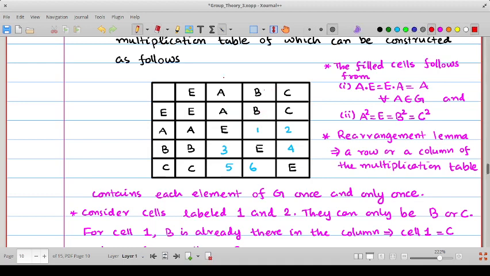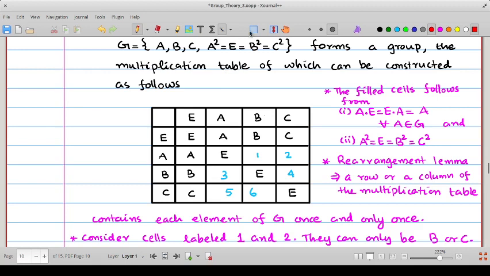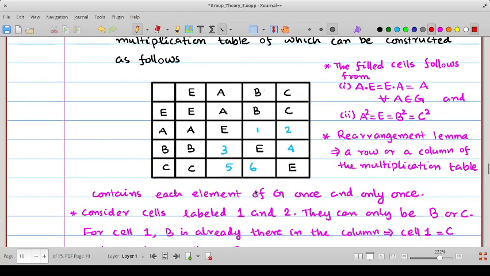Further, we also have this property that A square is equal to E, and therefore this cell, which is actually this A times this A, which is A square, is E. Again, this cell is B times B, that is also E. And this cell is C times C, that is E. Okay, so the only cells that need to be determined in this multiplication table are cells labeled 1, 2, 3, 4, 5, and 6.